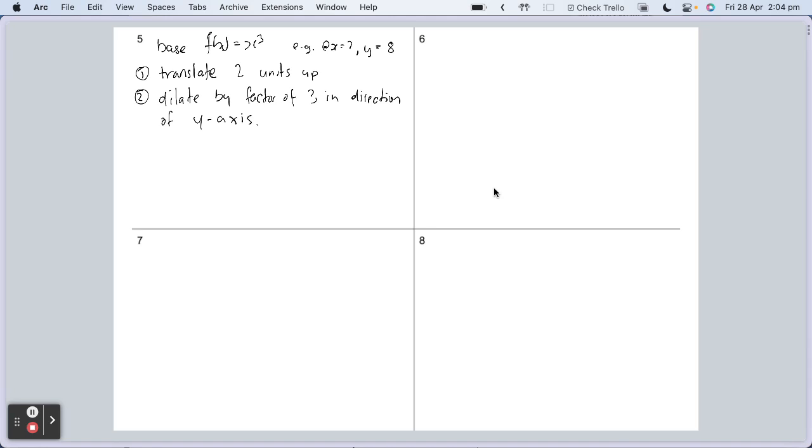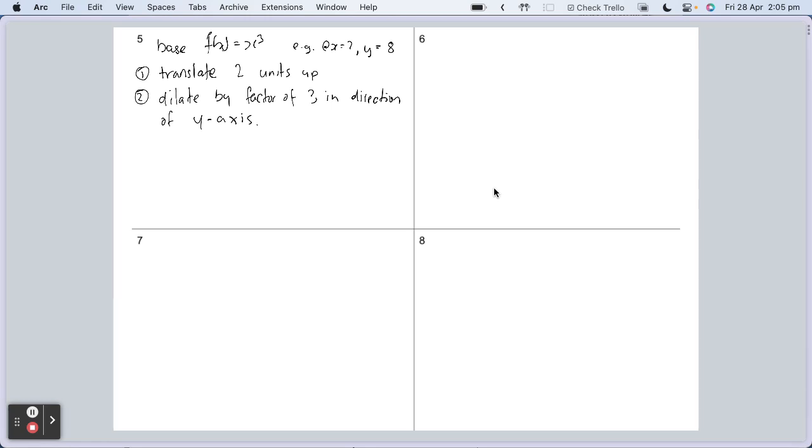Maybe you thought you had to do the translations in your head and then come up with a new value. But all I meant was for the base function f of x equals x cubed, if x equals 2, what would the y coordinate be? Well, it would be 2 cubed, which is 8. That's just applying the rule. Am I making sense now? Okay. I hope it's not that you didn't know that 2 cubed is 8. If it is, you can talk to me later.